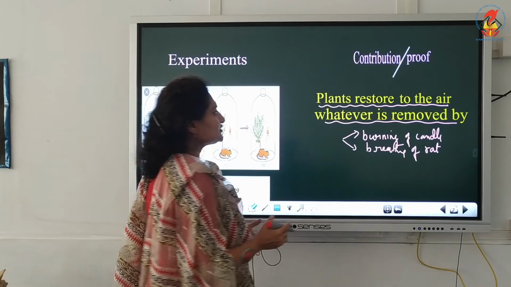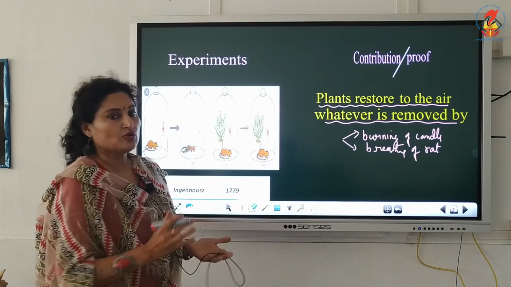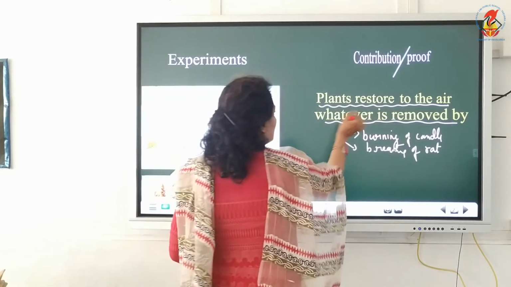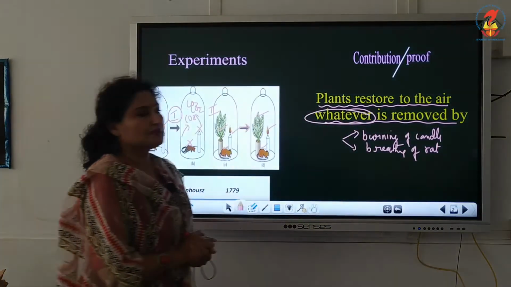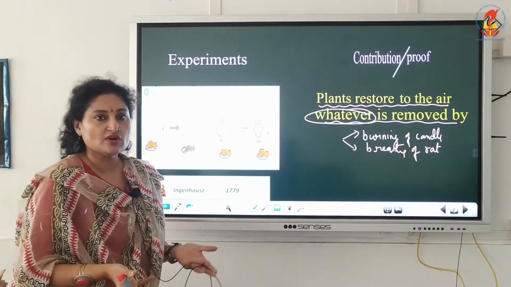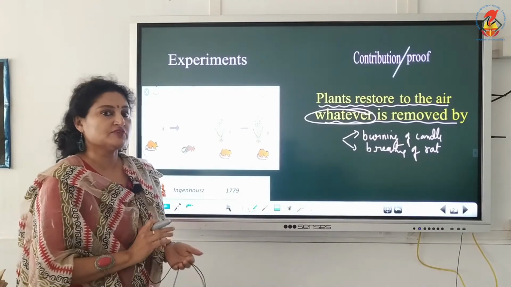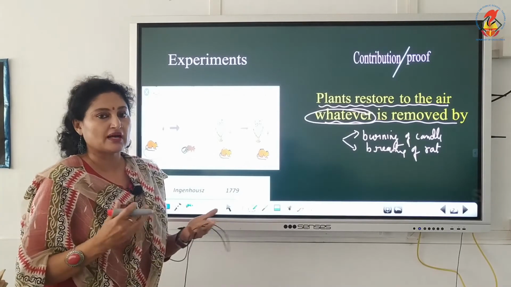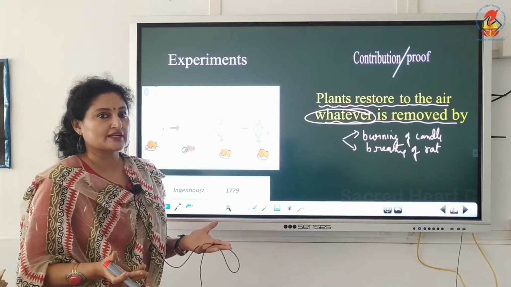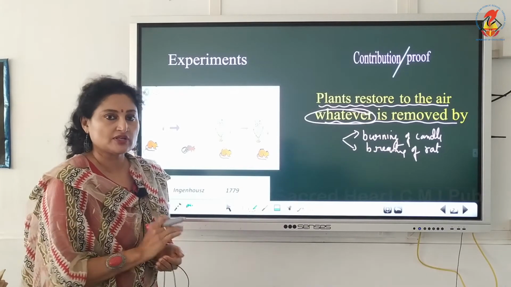Clear? So he understood that the plants restored something. We know what was restored: oxygen was restored. It restored something that was removed by the burning candle. We know for burning of candle oxygen was utilized, and for breathing also oxygen was utilized. That was restored by plants. We know that plants give out oxygen, and animals and the burning of candle utilize the oxygen and give out carbon dioxide.